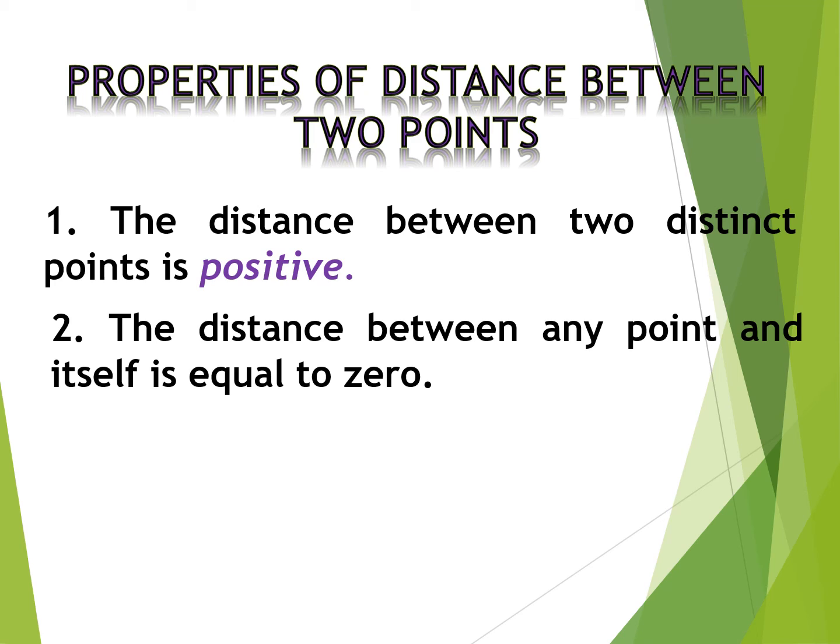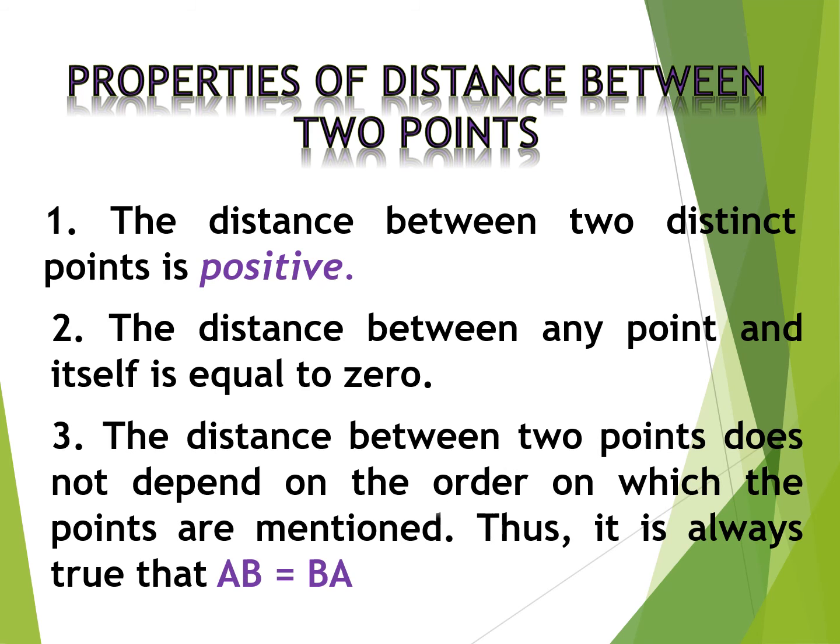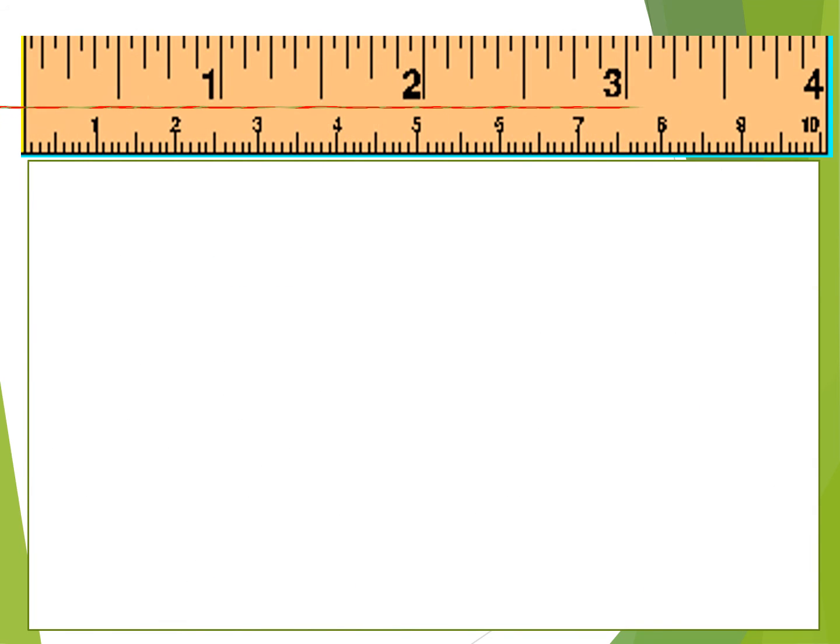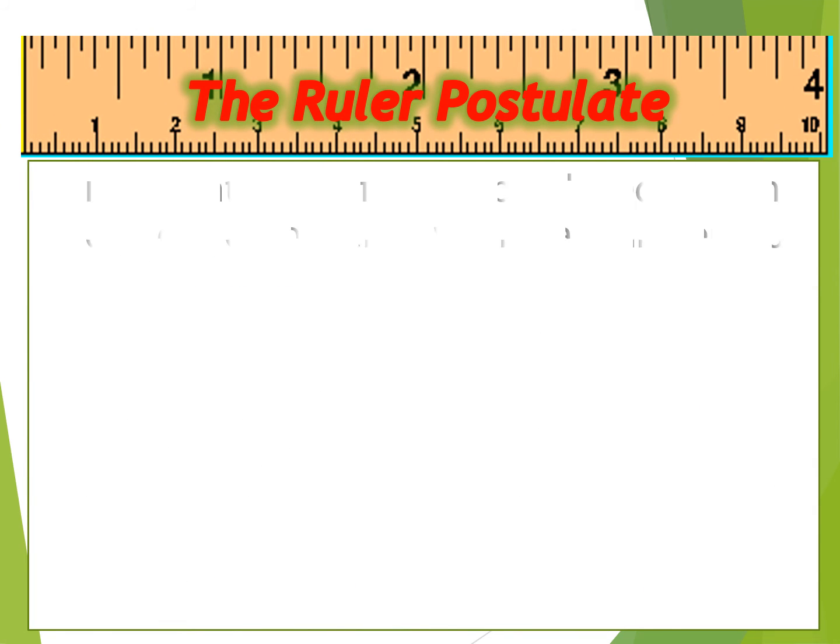The distance between any point and itself is equal to 0. And the distance between two points does not depend on the order in which the points are mentioned. Thus, it is always true that AB is equal to BA. It can be interchanged.